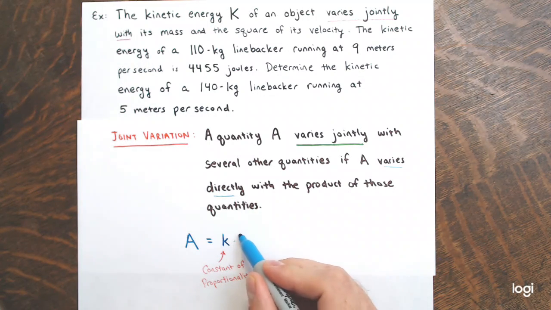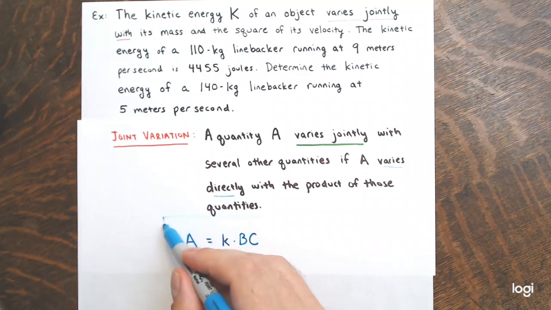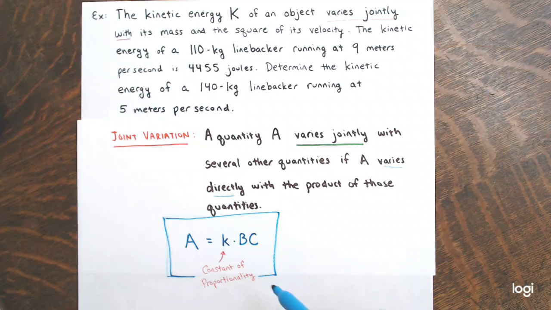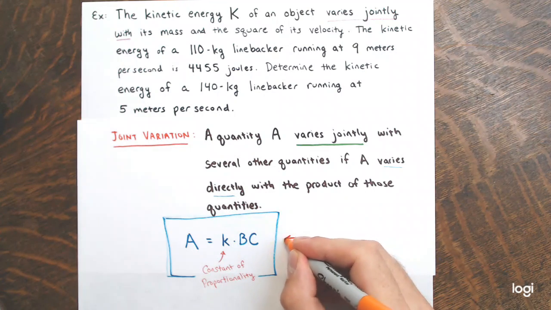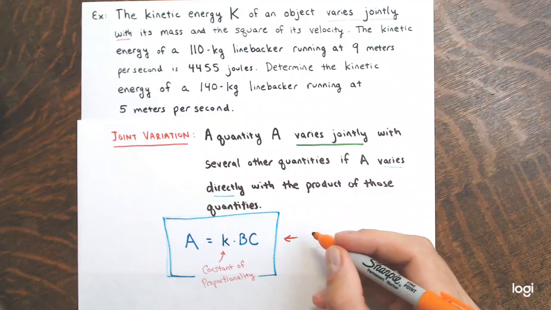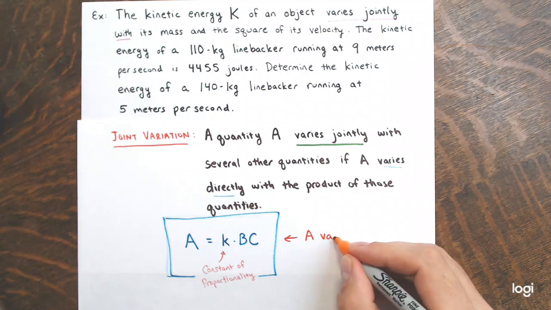So say I have the quantities B and C. There's K times B times C. The way this is written right here, I would say that A is jointly proportional with, or varies jointly with, B and C. And so this statement in the box is telling me that A varies jointly with quantities B and C.